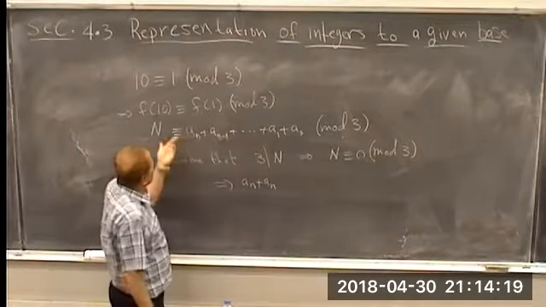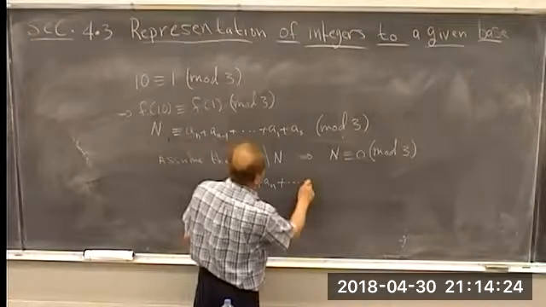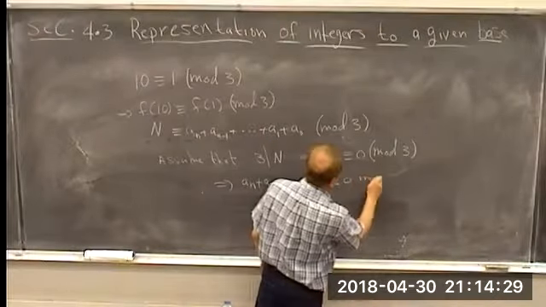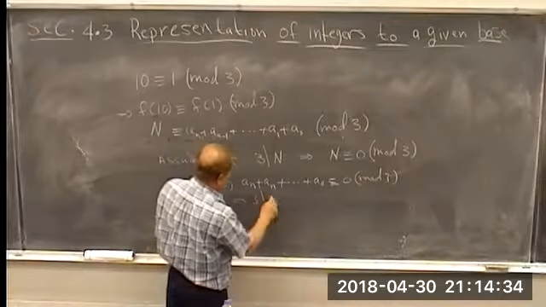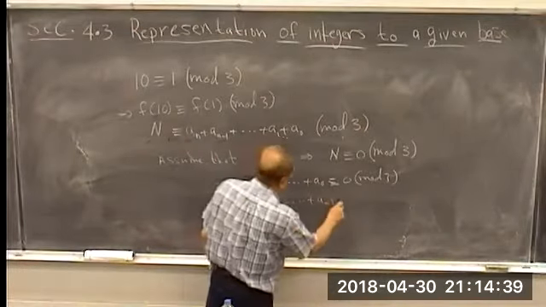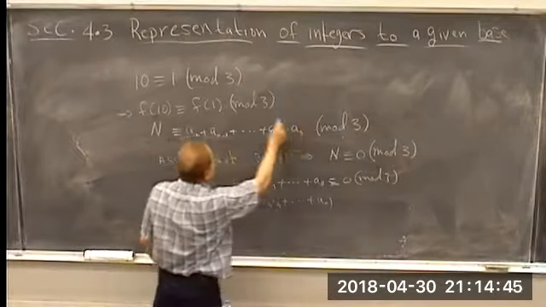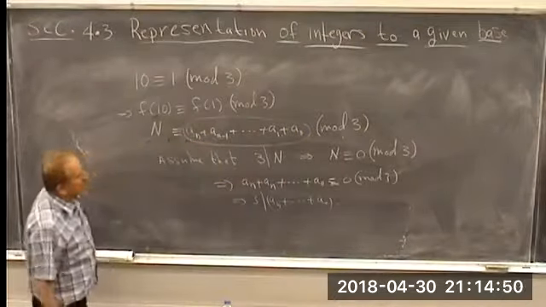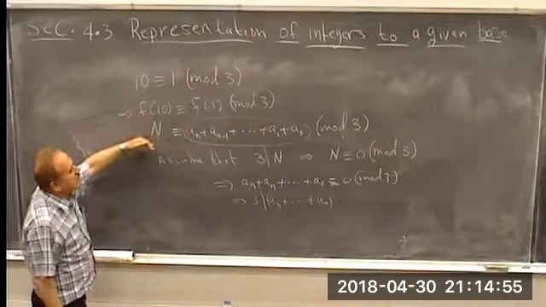And since this is congruent to n, it must leave the same remainder. So this implies that this is also congruent to 0 mod 3. So 3 divides the sum of the digits. Conversely, if the sum of the digits is divisible by 3, it is congruent to 0 mod 3, and similarly n is going to be congruent to 0 mod 3.